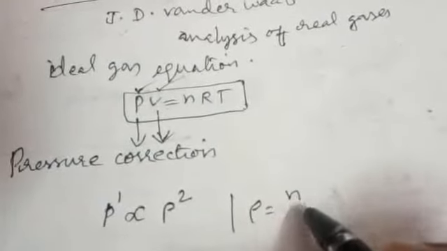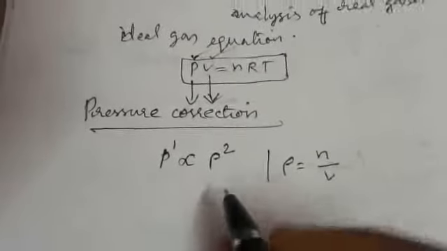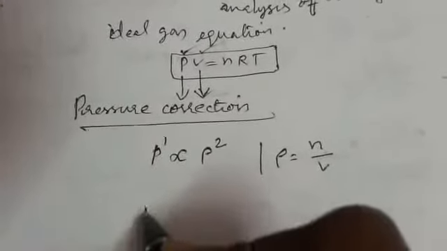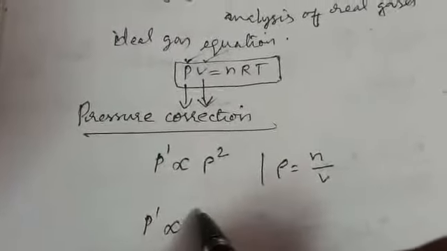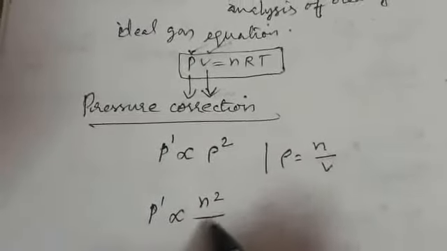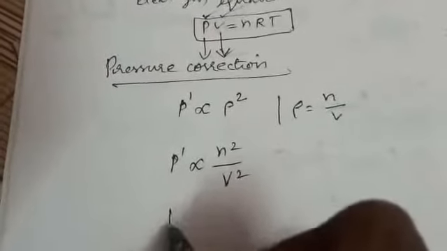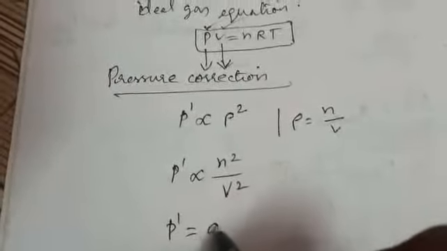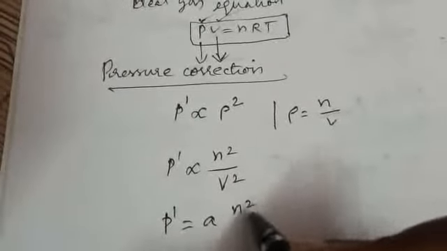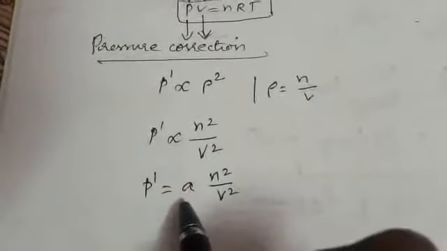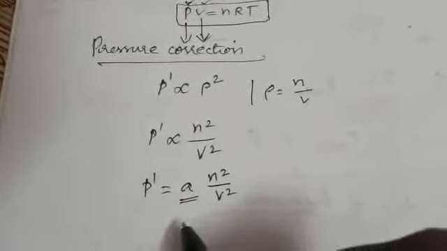Density equals number of moles divided by volume, so P dash is directly proportional to n squared divided by V squared. Introducing a proportionality constant, P dash equals a n squared divided by V squared, where a is called the proportionality constant.